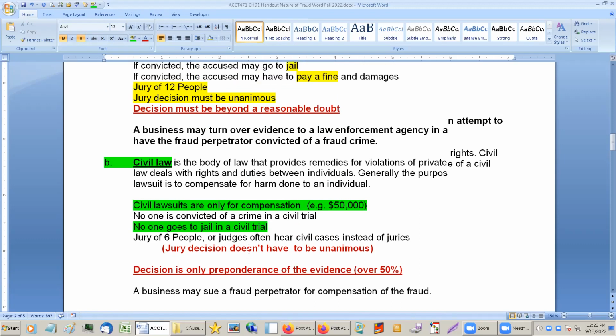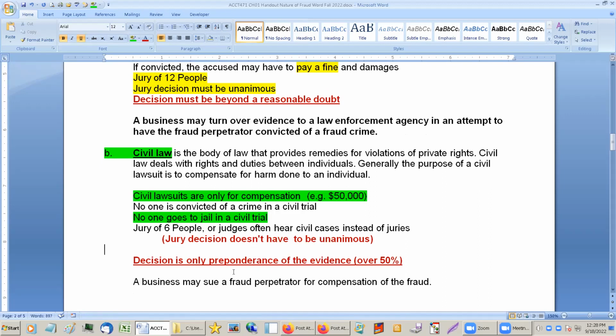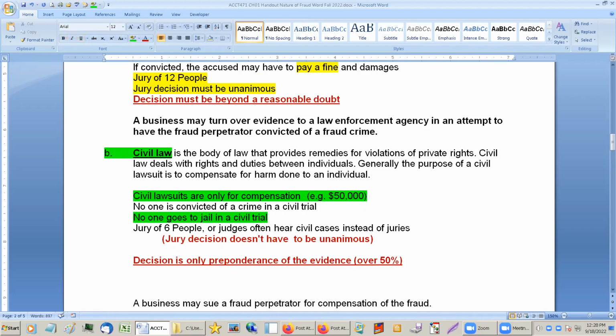So the evidence needed is much less on a civil trial. So the evidence needed is less than a criminal trial.